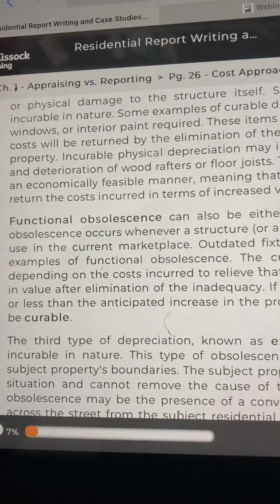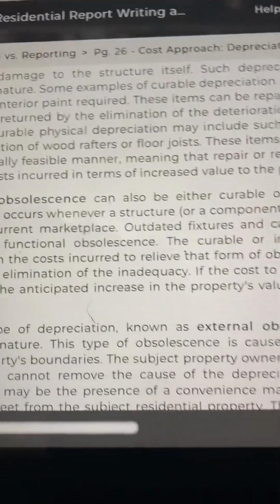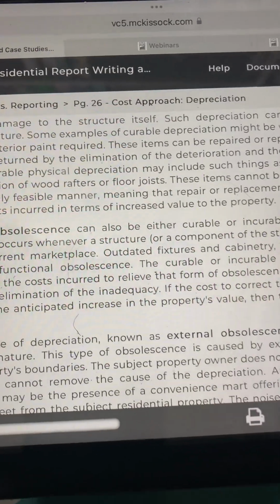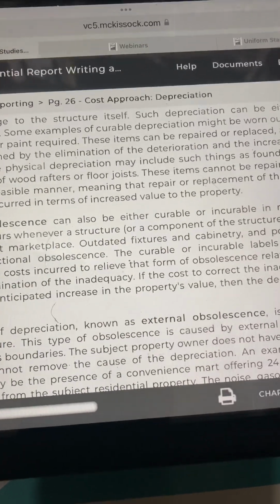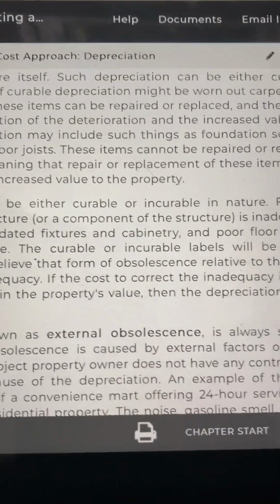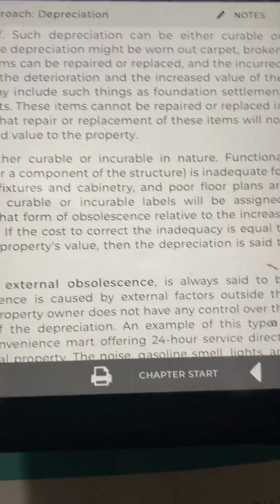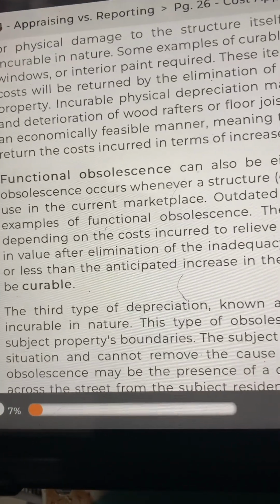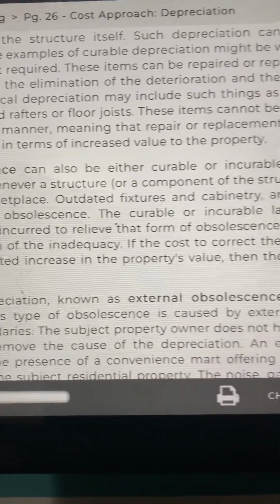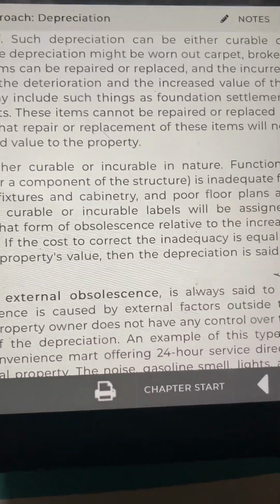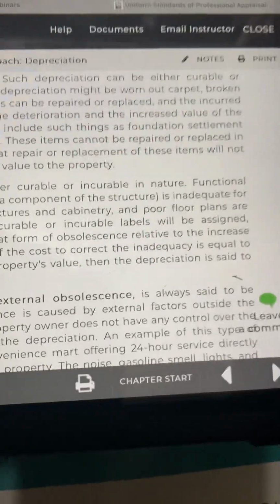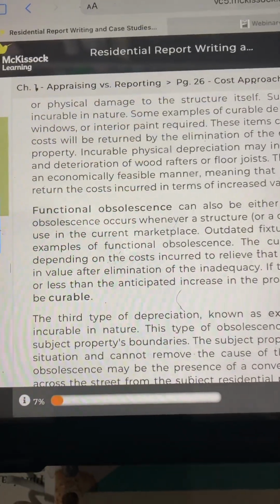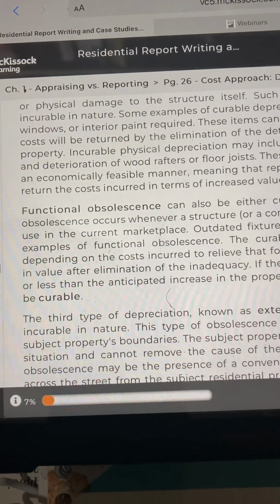Functional obsolescence can also be either curable or incurable in nature. Functional obsolescence occurs whenever a structure or a component of the structure is inadequate for use in the current marketplace.